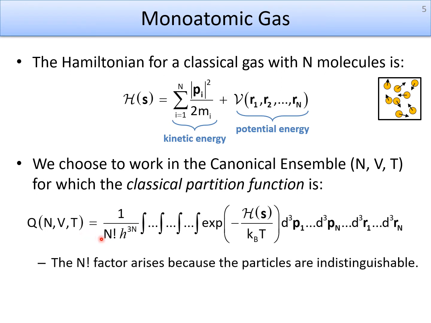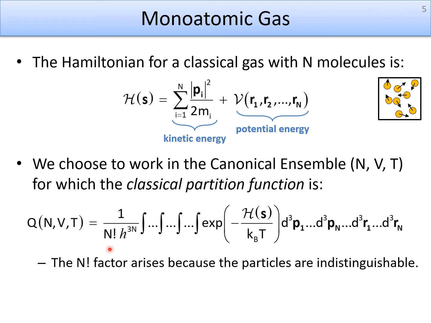The first one, this n factorial, arises because the particles are indistinguishable. So if I have a box with helium atoms, then I wouldn't be able to distinguish them, but here you see that I'm labeling them as 1, 2, 3 up to n. How many possible ways are there to label my particles? N factorial. So the first particle can take either label 1 or 2 or 3, etc. up to n. So we have n ways of labeling the first one.